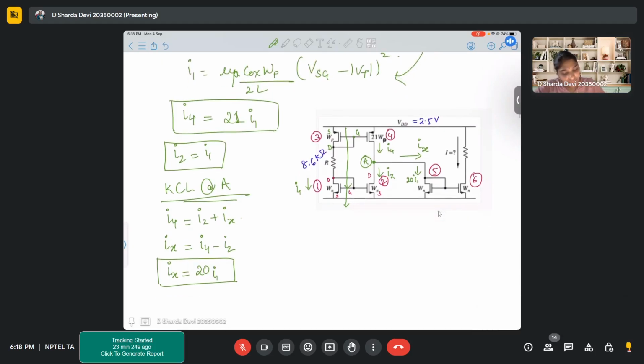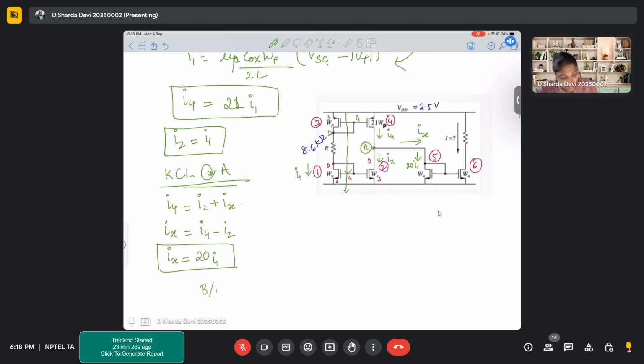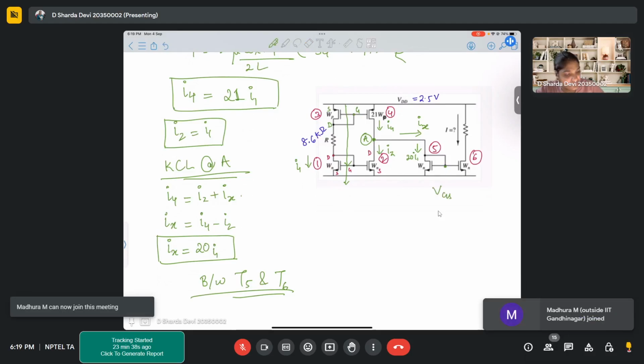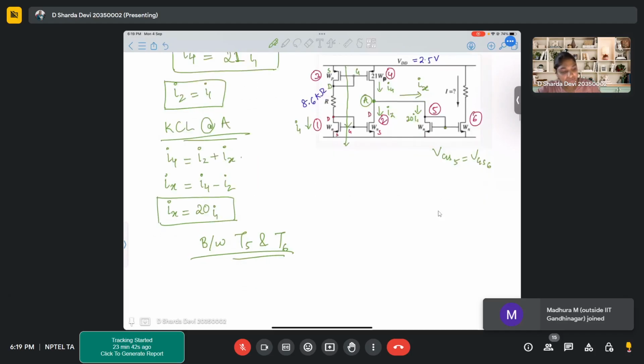So now we know that the current flowing through this transistor is 20 I1. Again, if you observe between transistor 5 and 6, your gate is shorted. So definitely your VGS is equal, right? So VGS5 is equal to VGS6, which means I5 is equal to I6, simply.